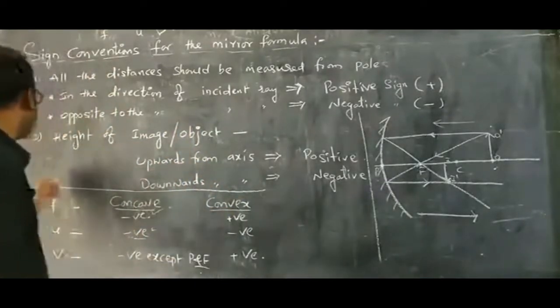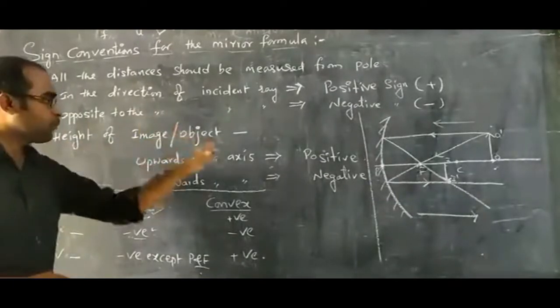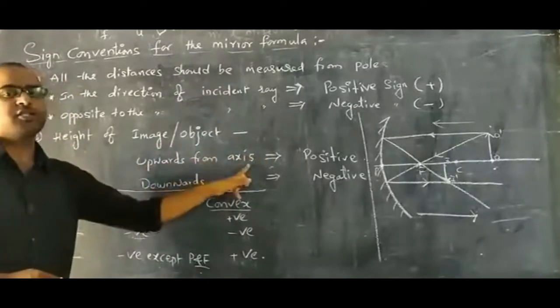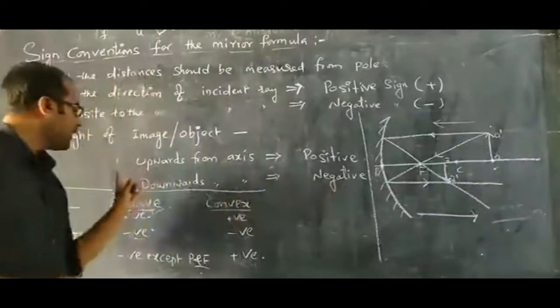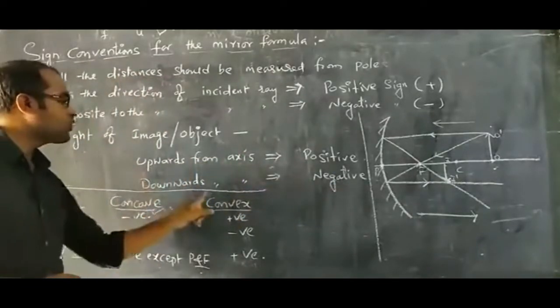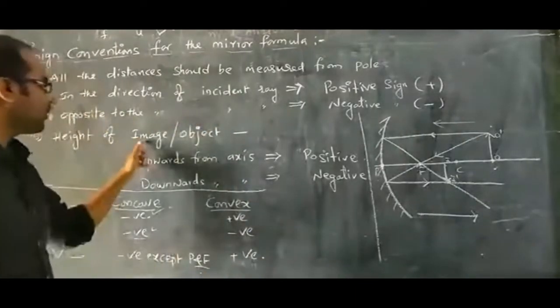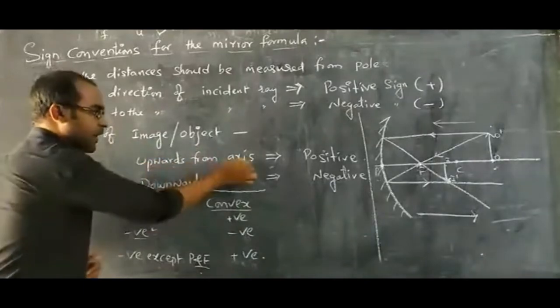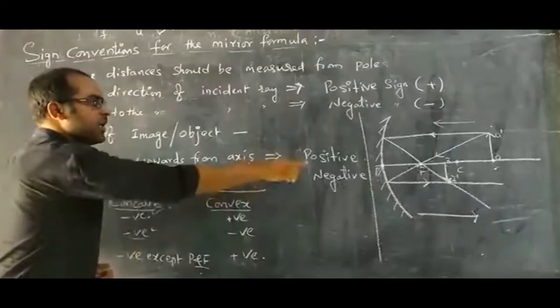Let us take height of the image or object to be positive if we measure upwards from the principal axis, and negative if we measure downwards from the principal axis. If we measure upwards from the principal axis, positive. If we measure downwards from the principal axis, negative.